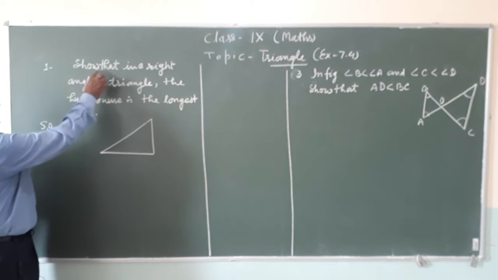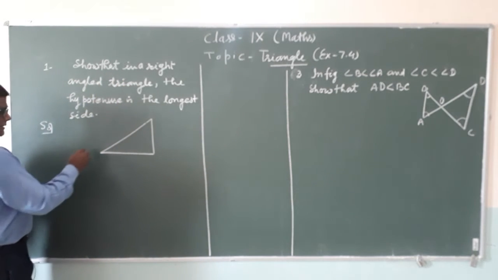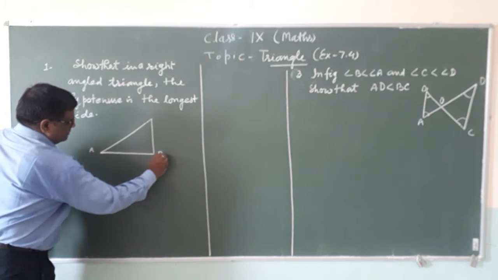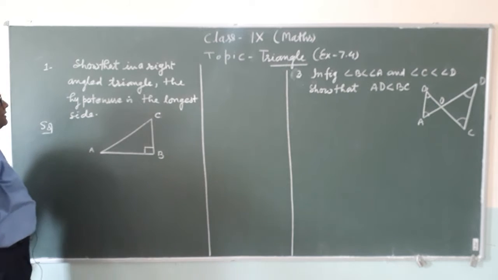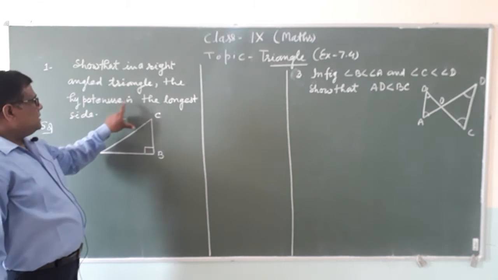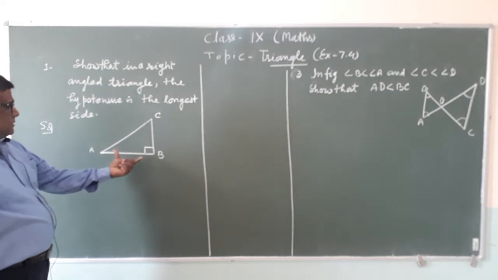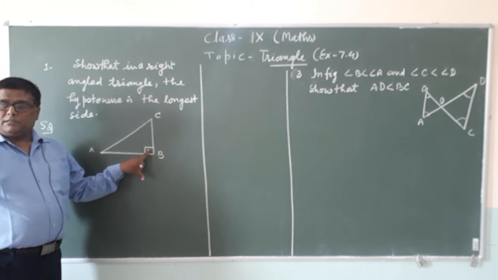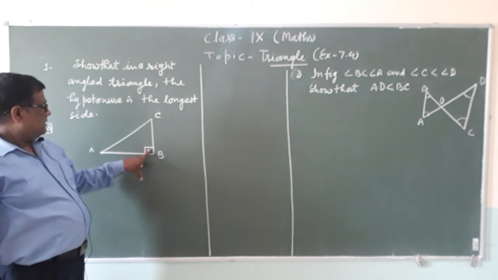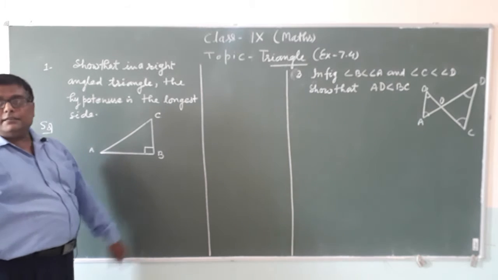In a right triangle, first of all we draw a right angle triangle ABC. This angle is a right angle. The hypotenuse is the longest side. Hypotenuse means the side opposite the largest angle of the triangle, and the side opposite the largest angle is greater.